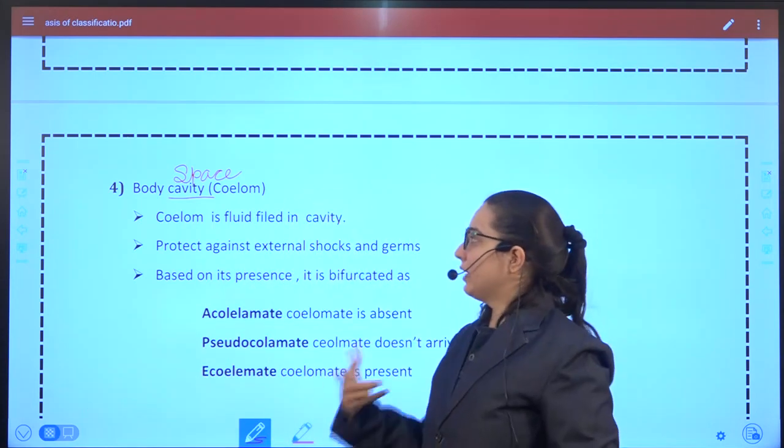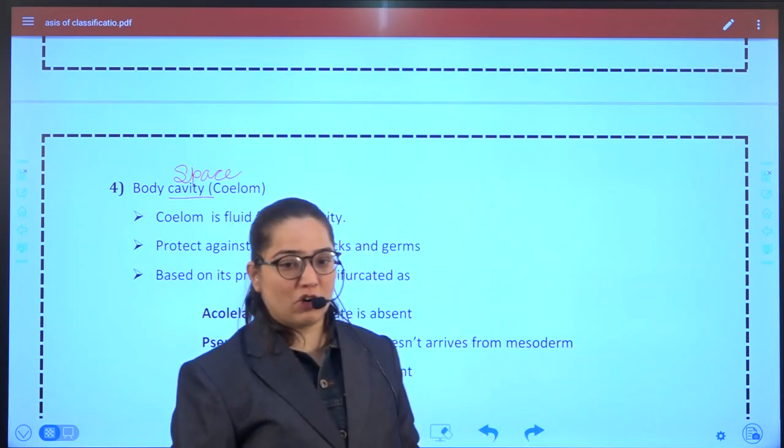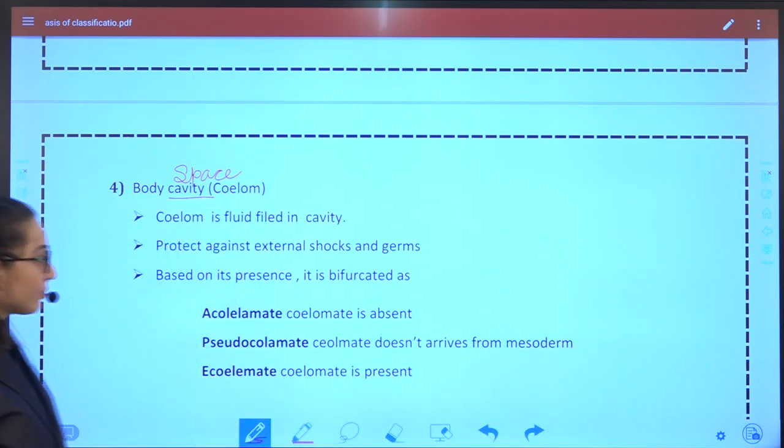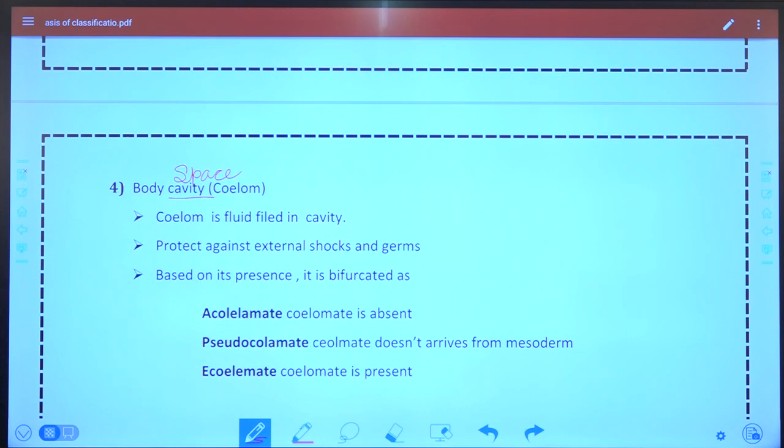So please note down this content about the body cavity or the coelom. Be quick.